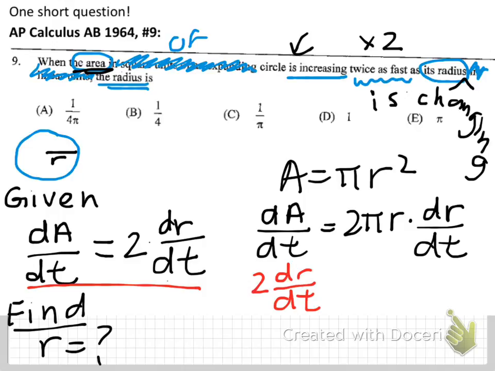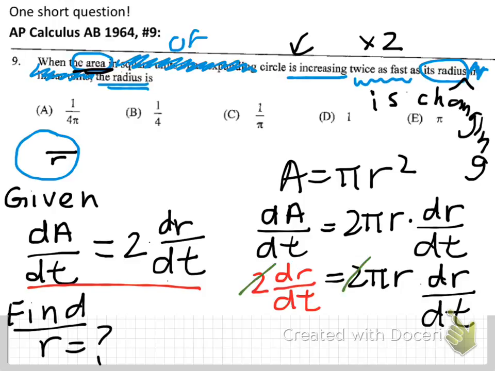And that is what is going to equal 2 pi r times dr over dt. Now, if you can do this quickly, then what you will see is that something cool happens, right? Because we have 2 and dr over dt on both sides, so we can actually cancel out. We can divide both sides by 2, and we can divide both sides by dr over dt.